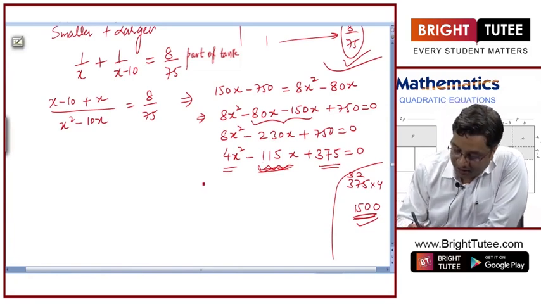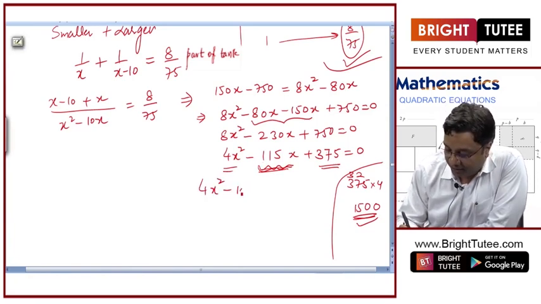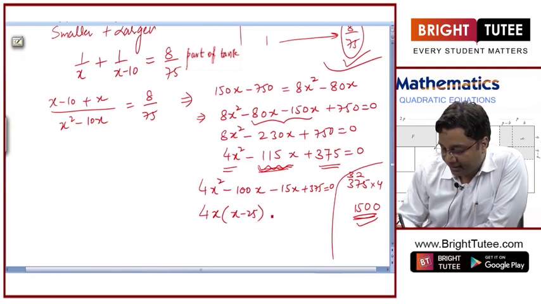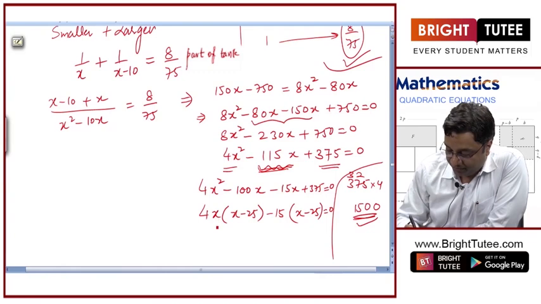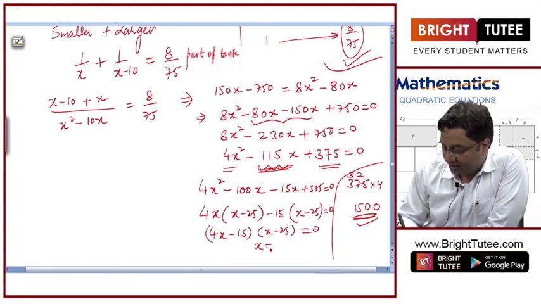It is clearly visible that we can split it into 100x and 15x plus 375 equals 0. Now I can take 4x as common, so x minus 25, and if I take minus 15 as common, it will give me x minus 25 equal to 0. So 4x minus 15 or x minus 25 equal to 0. So the answers of this quadratic equation will be 25 or 15 by 4.